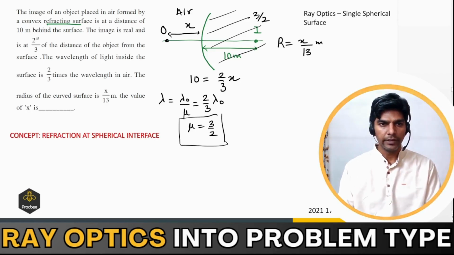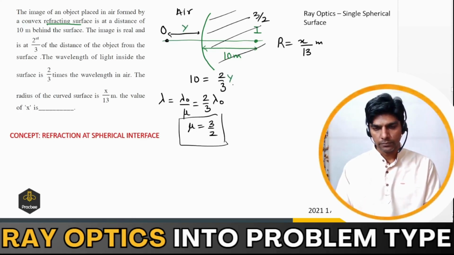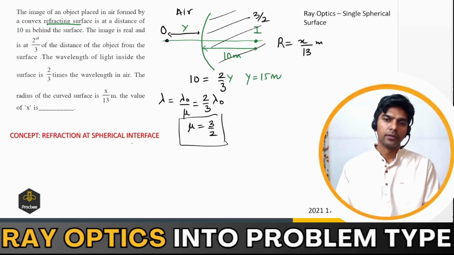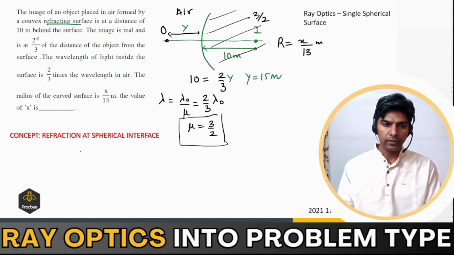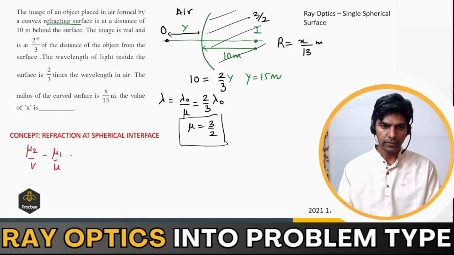Okay, right. So let me take this as some other variable. Let us take this x as y. So from this y comes out to be 15 meters. Now we can apply the formula. So mu2 by v minus mu1 by u is equals to mu2 minus mu1 by r.